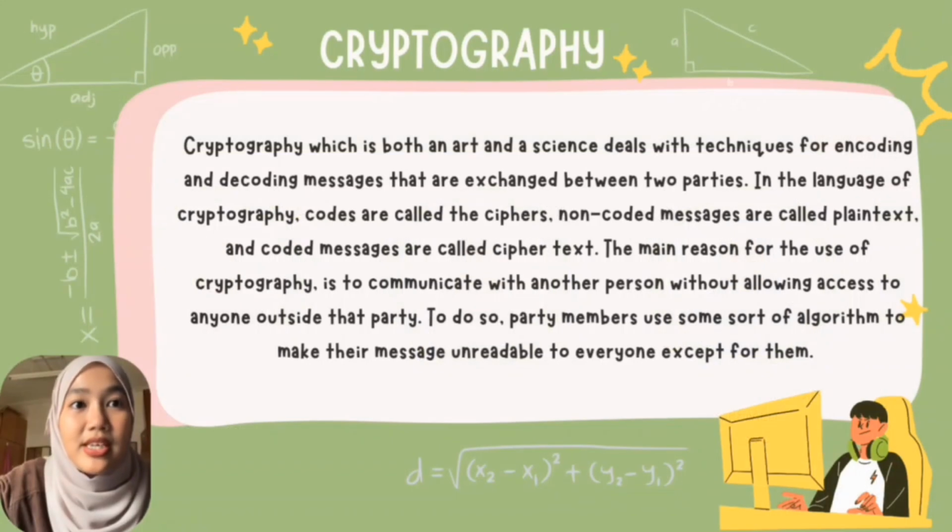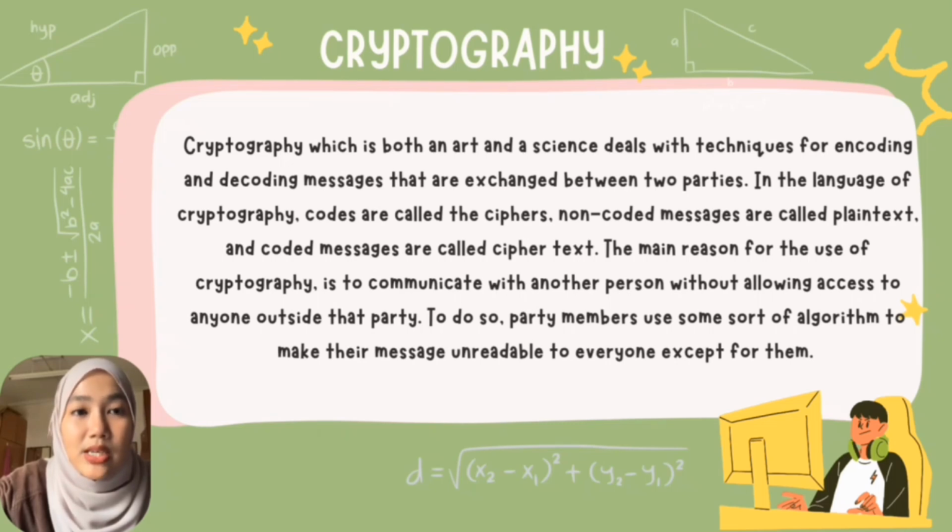Meaning of cryptography. Cryptography, which is both an art and a science, deals with techniques for encoding and decoding messages that are exchanged between two parties. In the language of cryptography, codes are called the cipher, non-coded messages are called plain text, and coded messages are called ciphertext.